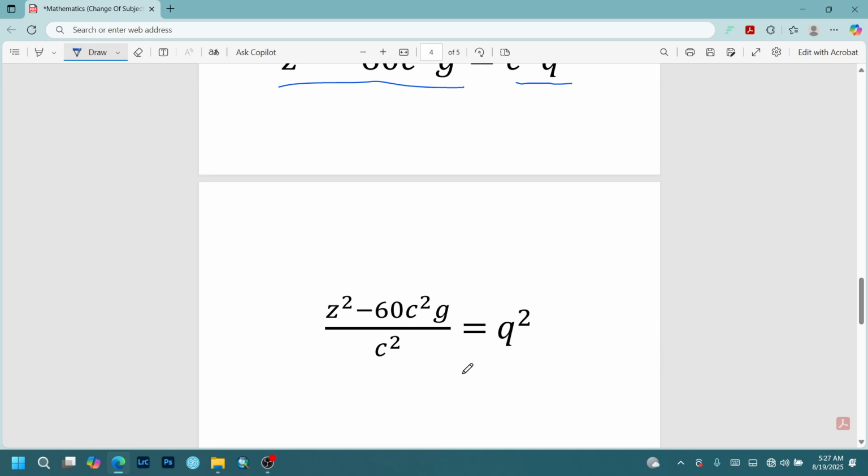And one thing you have to notice is that there is a square here, right? So that means k is still not independent, so we can't make it the subject of the relation. So we have to take some actions, right? Whenever you see a square of a number and you want to eliminate it, just as when you see a root square and you want to eliminate it, you square it.